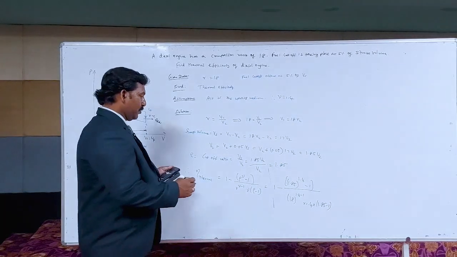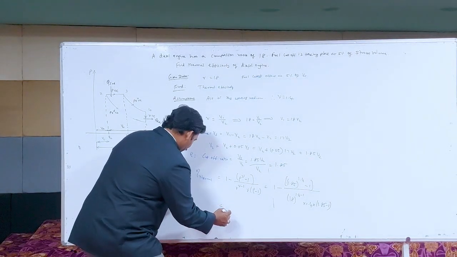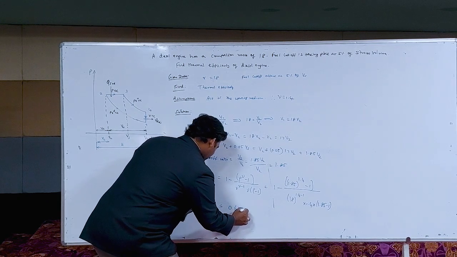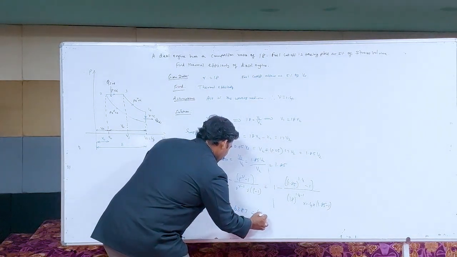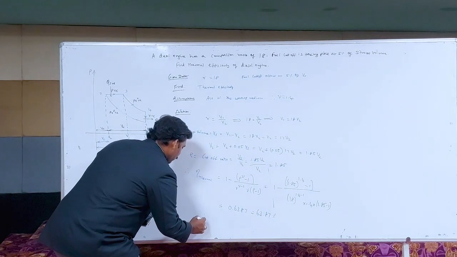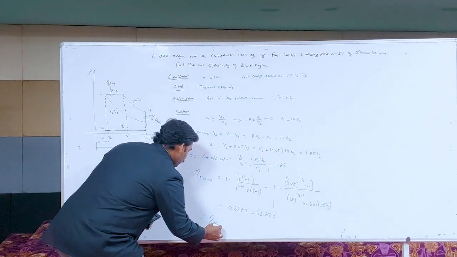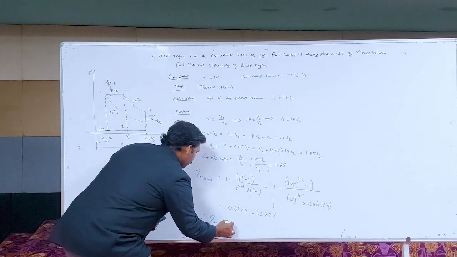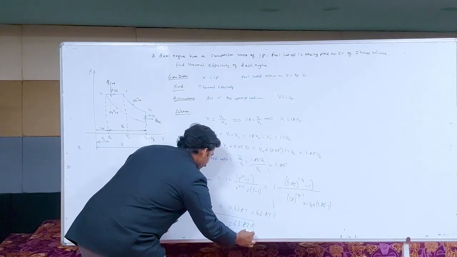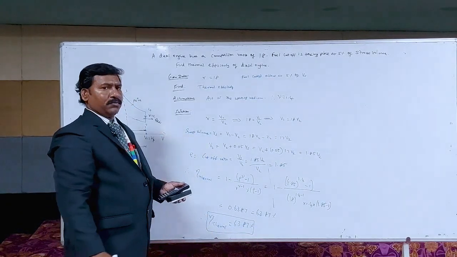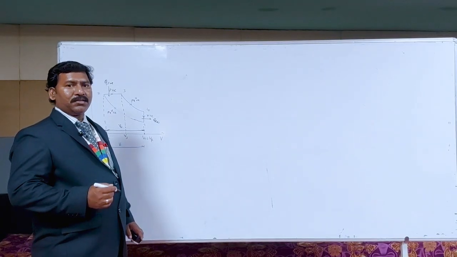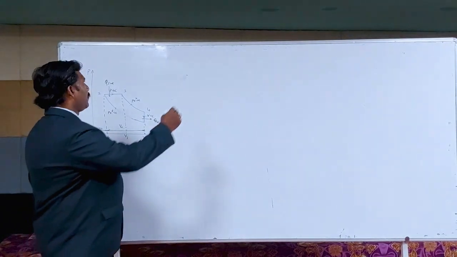So after calculation, the value is 0.6387, that is equal to 63.87%. Therefore, the thermal efficiency of a diesel engine is equal to 63.87%. Okay, so we have determined the thermal efficiency for the given problem. We will discuss another problem in diesel cycle.